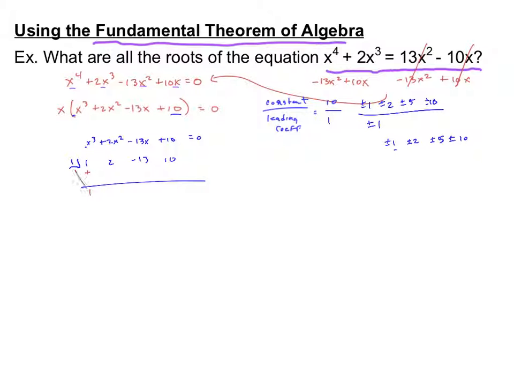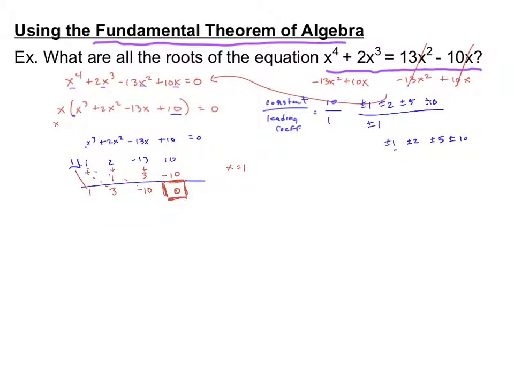I multiply, 1 times 1 is 1, add down again, I get 3. I multiply 1 times 3, and I get 3, add down again, and I get negative 10, and 1 times negative 10 is negative 10, and I end up with a remainder of 0. We learned before that if we have a remainder of 0, then yes, that is a root. So I have just found another root, which is x equals 1.